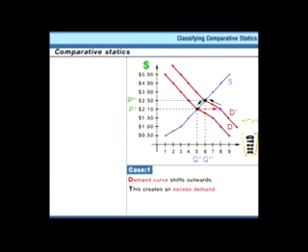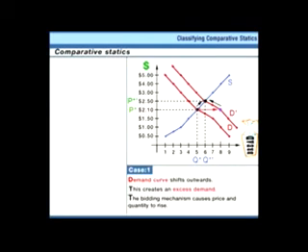Some buyers will drop out, and some new sellers will enter the market. The end result when the demand curve shifts outwards is the equilibrium price rises and the equilibrium quantity traded increases. Now, what are the stories that could cause that to happen? The first story would be an increase in the price of a substitute good.